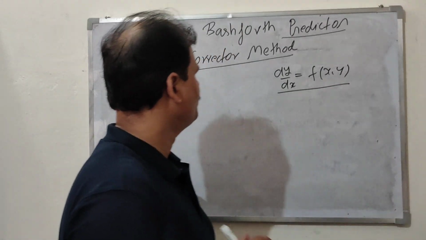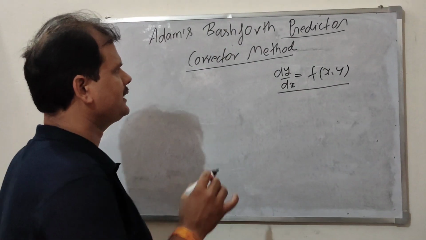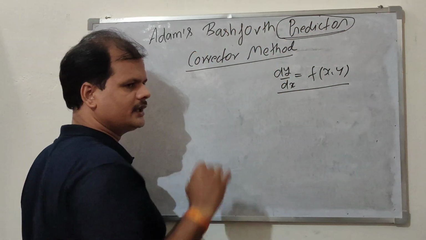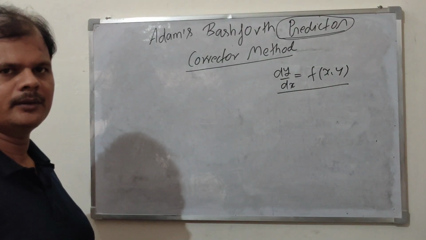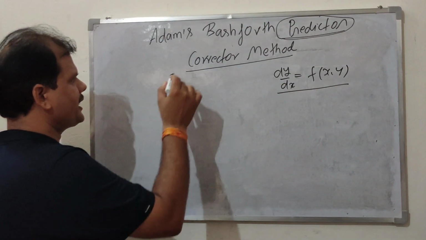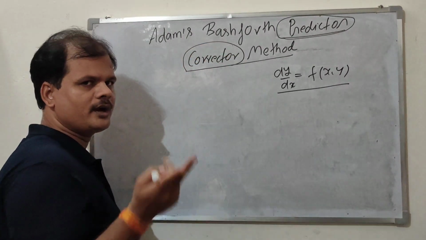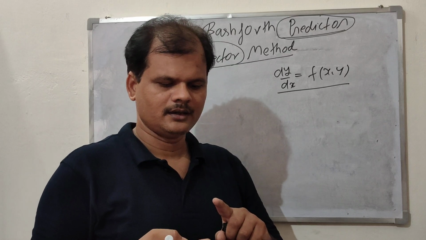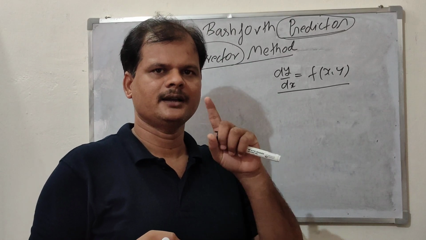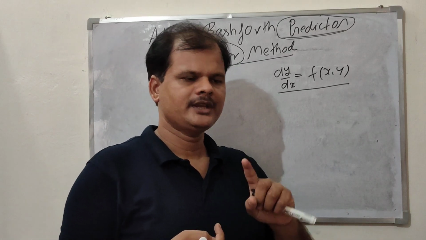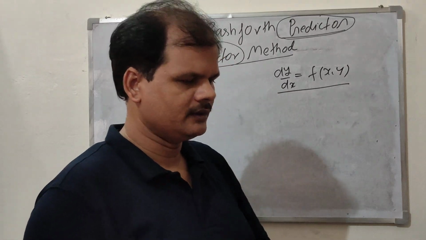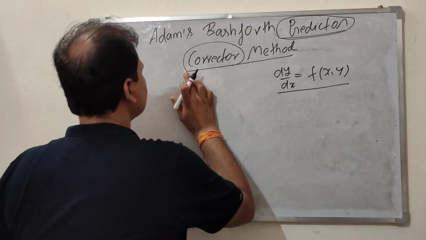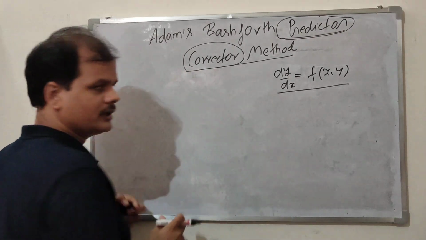First, with one formula we'll get the predictor value, and after that we'll correct the predictor value by the corrector formula. So here we have two formulas: one is the predictor formula, and for correcting that we have the corrector formula. Now let us see what the predictor and corrector formulas are.